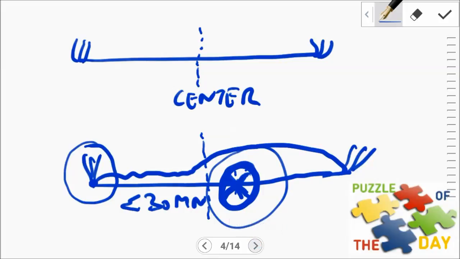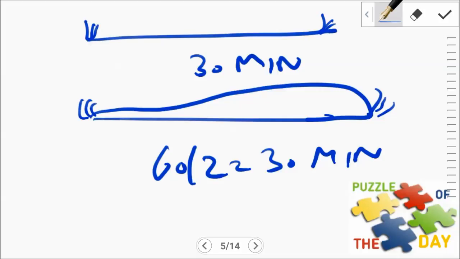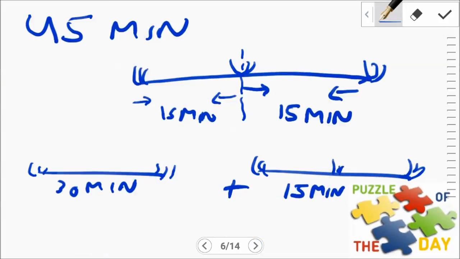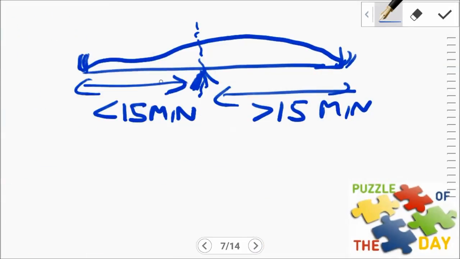So if I am given a 60-minute rope, uniform or not uniform, I can easily measure 30 minutes without any problems. But that's not true if I have to increase the speed 4 times, because in that case the left part of the rope would be burned in less than 15 minutes and the right part in more than 15 minutes.